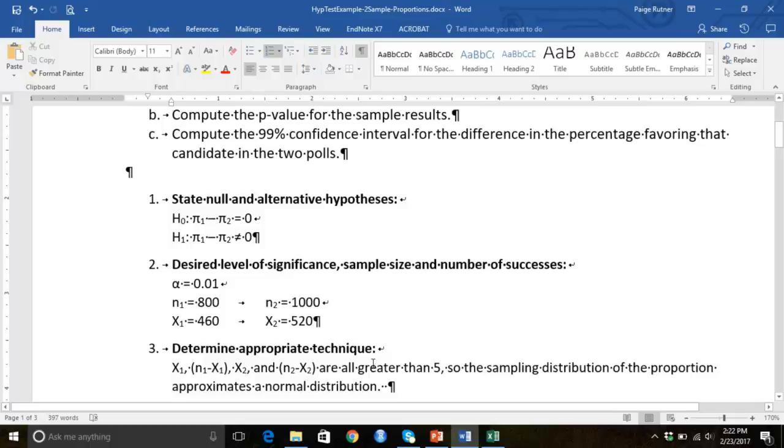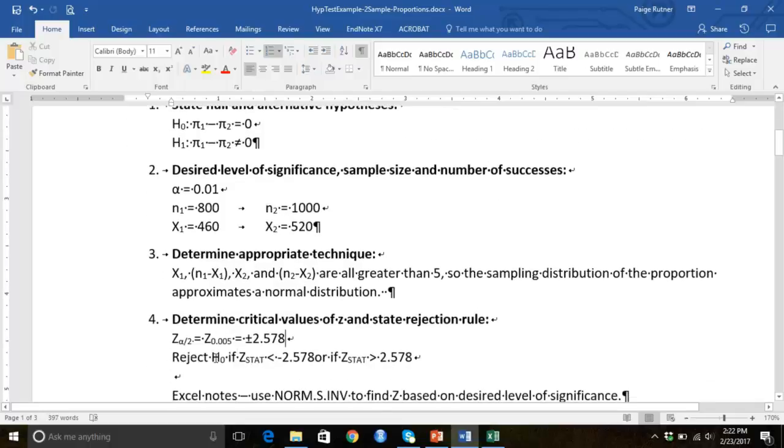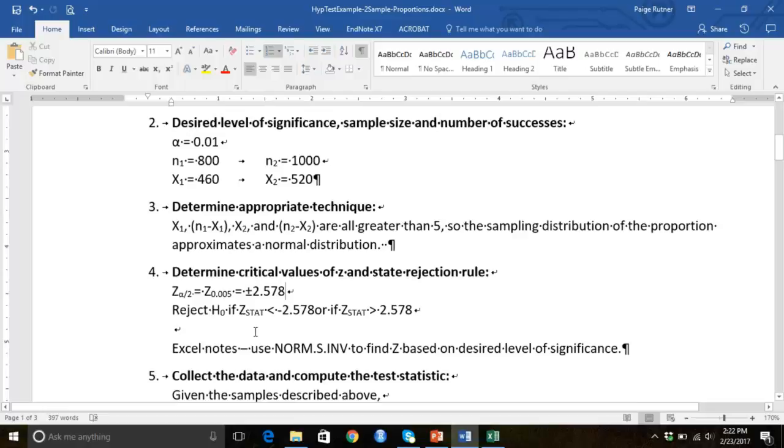So we have a normal sampling distribution of the difference between proportions. So we can use our hypothesis testing technique. For our critical value of z, our alpha value that we're using is 0.01. So half of 0.01 is 0.005, and that gives us a critical value of z of 2.578.